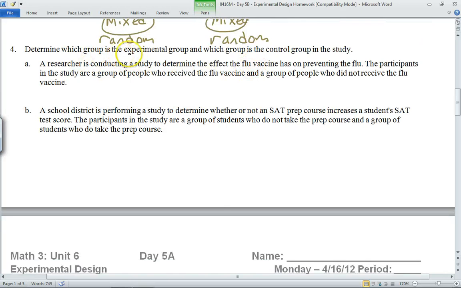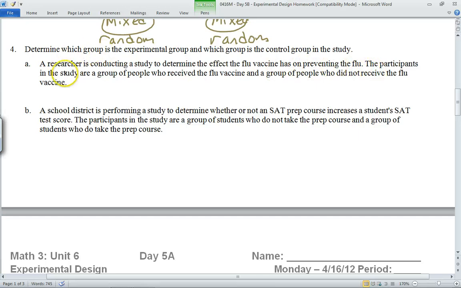Determine which group is the experimental group and which group is the control group in the study. A researcher is conducting a study to determine the effect the flu vaccine has on preventing the flu.